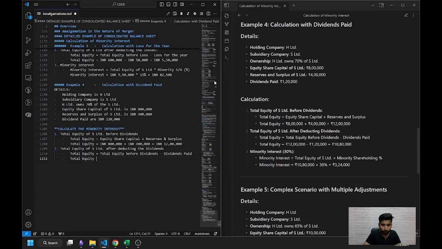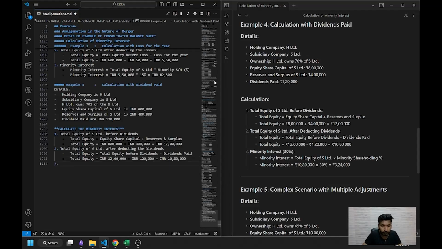So the total equity is equal to INR 12 lakhs minus INR 1,20,000. That is equal to INR 10 lakh. Okay.